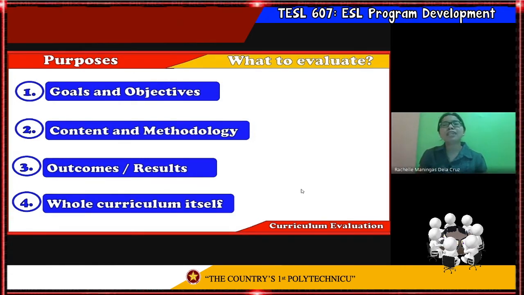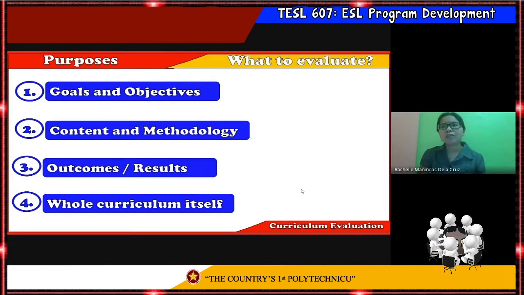So it is also important to note that contents, materials, and methodologies must fit the goals and the objectives of the curriculum. But the evaluators can also evaluate the outcomes or results. So outcomes and results must be evaluated as well, since they serve as the ultimate measure of how successful or effective the curriculum has been in achieving the goals and objectives.